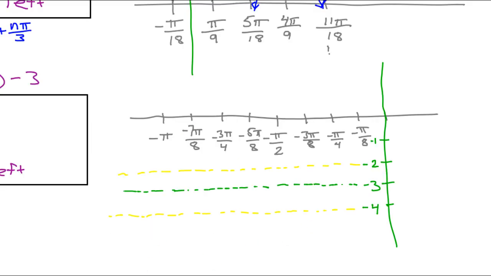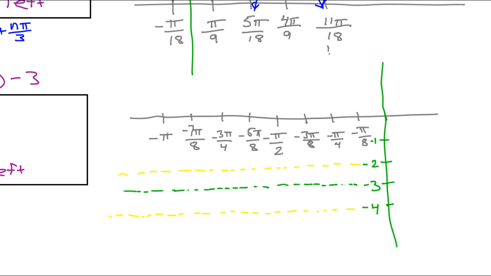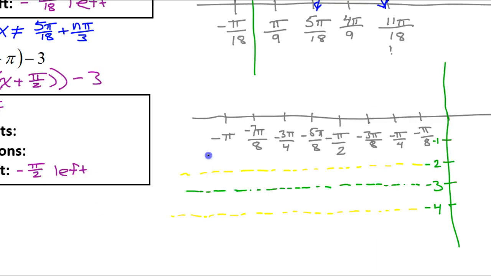So this is cotangent that we're doing. So cotangent should begin and end every period with an asymptote. So remember, our phase shift was negative pi over 2. So that means right here is the beginning of the period, right here in the middle. So there should be an asymptote here. And really, where we have the y-axis over here, that's another asymptote.